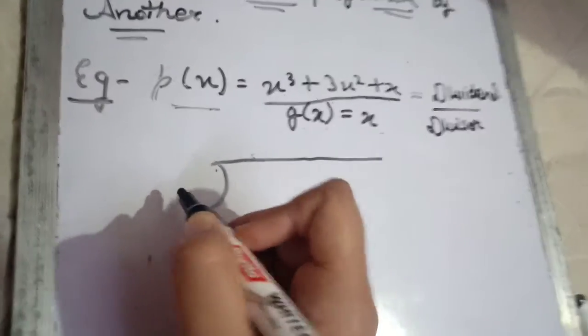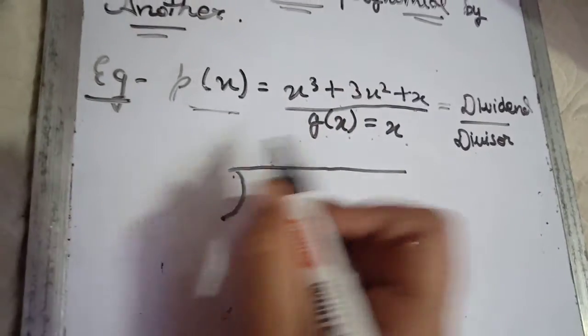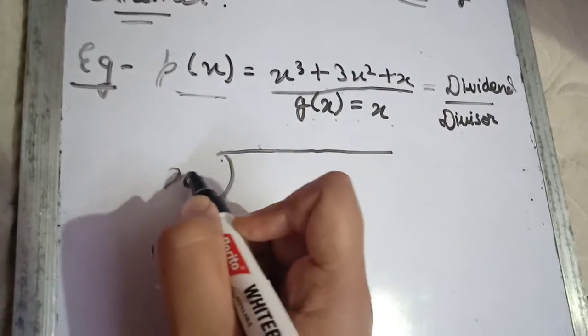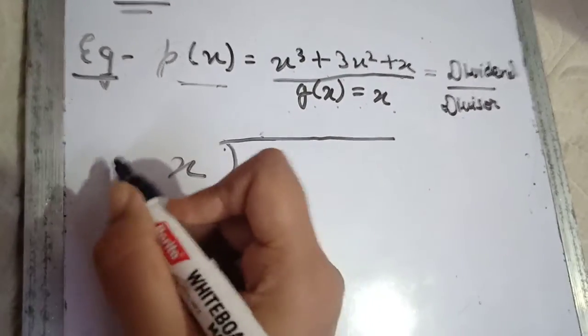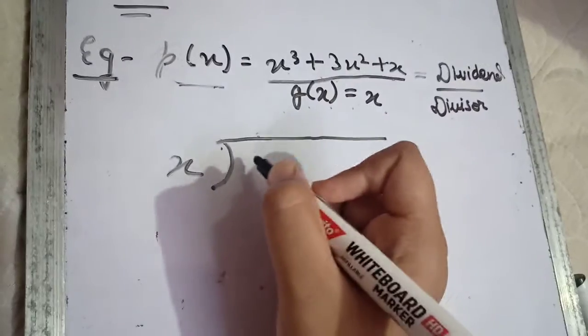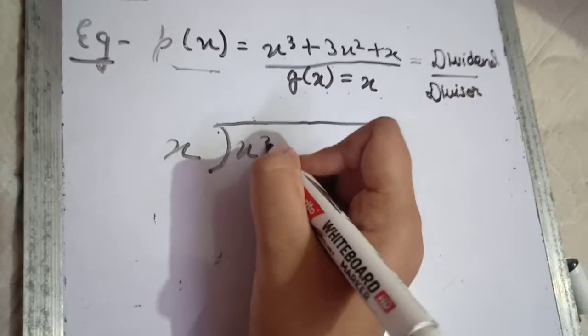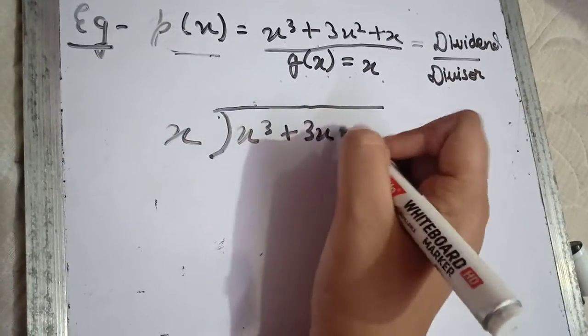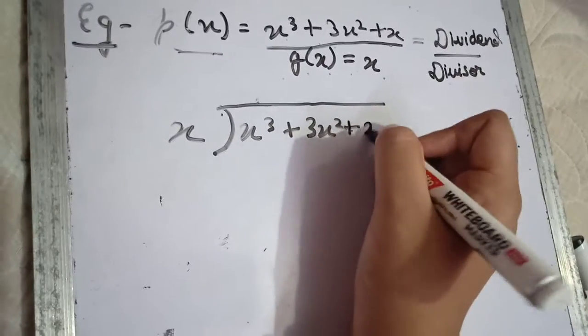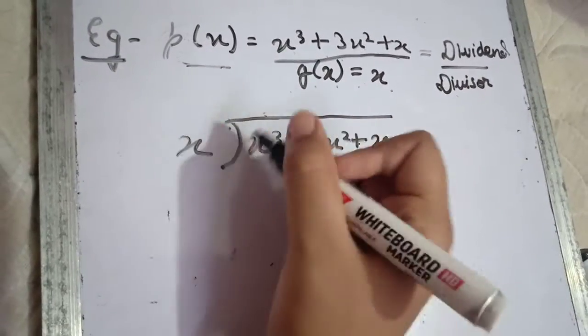Now we will do the normal division as we do. Now we will take x here. The divisor always comes outside and the dividend always comes inside. Now x cube plus 3x square plus x. Now how will we do?